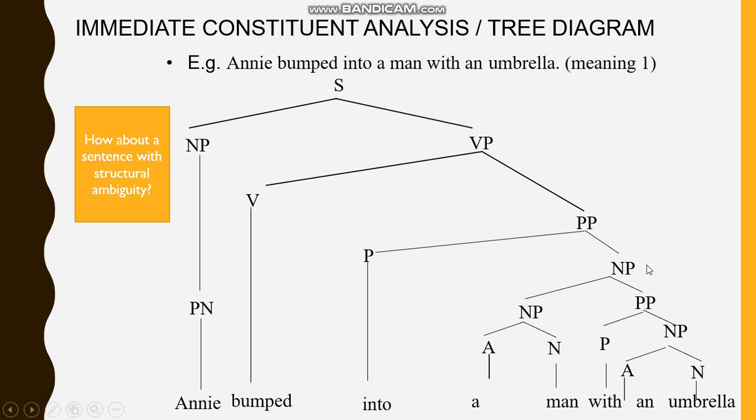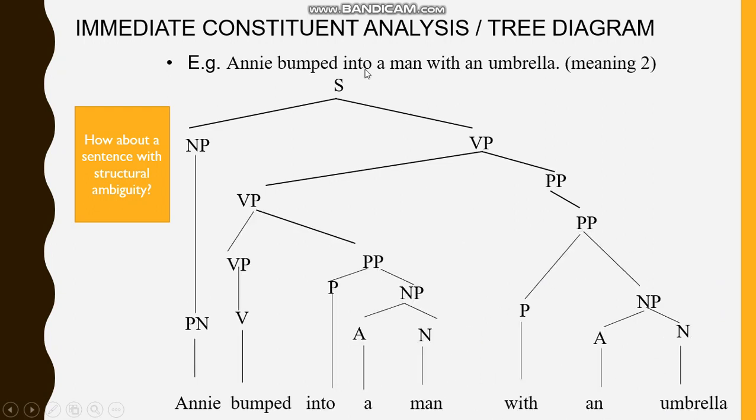And then we divide the noun phrase: a man with the umbrella, noun phrase and prepositional phrase. The noun phrase has article and noun, a man, and the prepositional phrase has preposition and noun phrase, and then the noun phrase has article and noun, umbrella. This is the first definition. That's why a man with an umbrella belongs to the same category as a noun phrase.